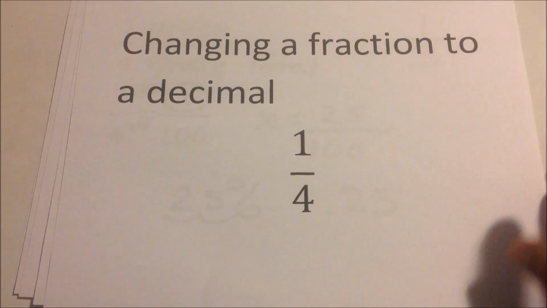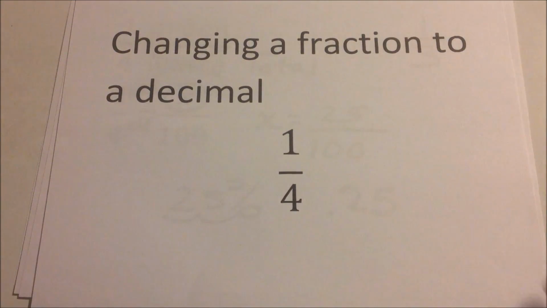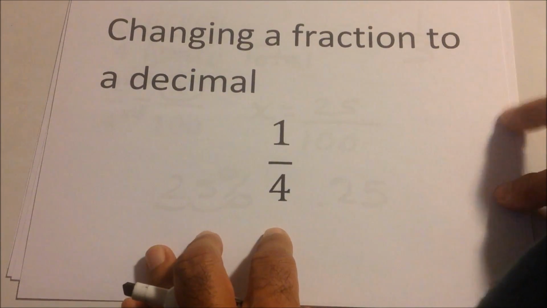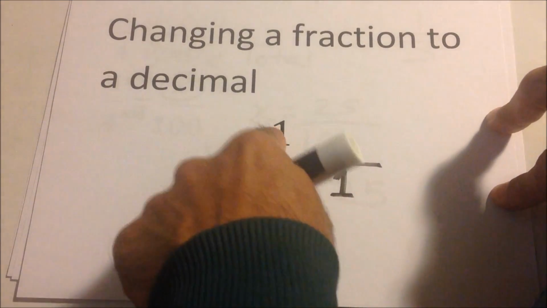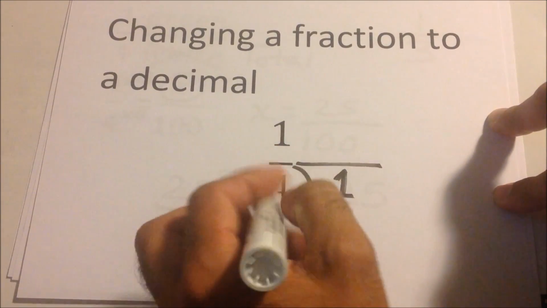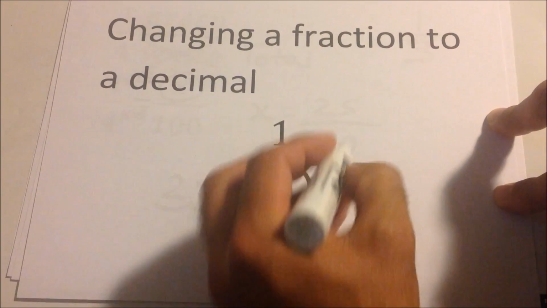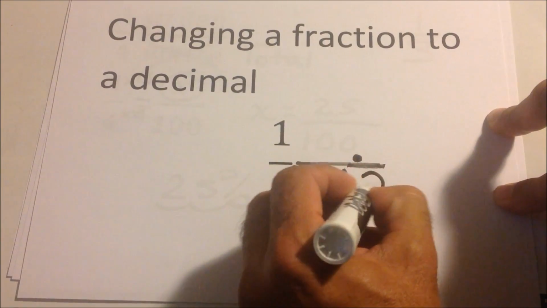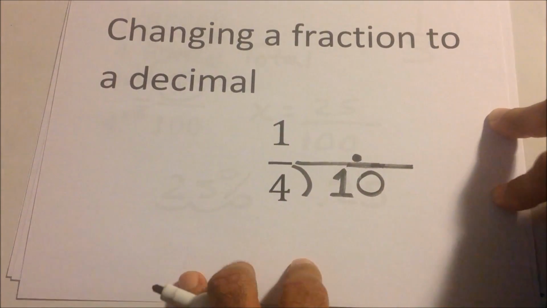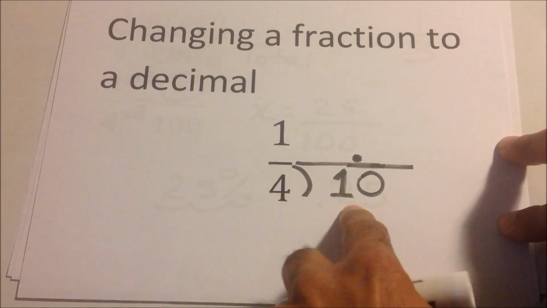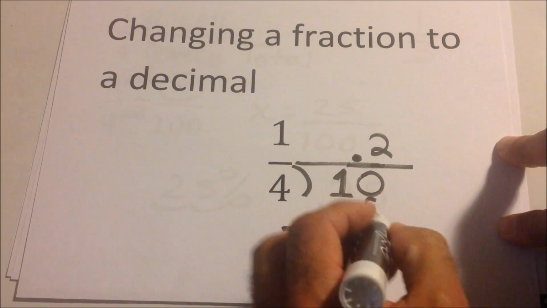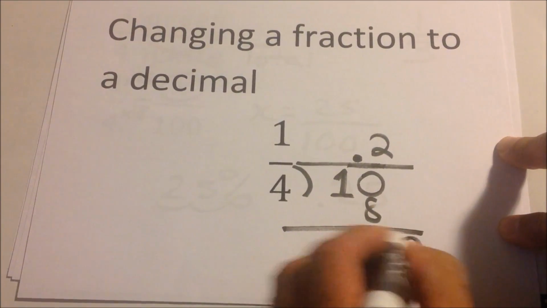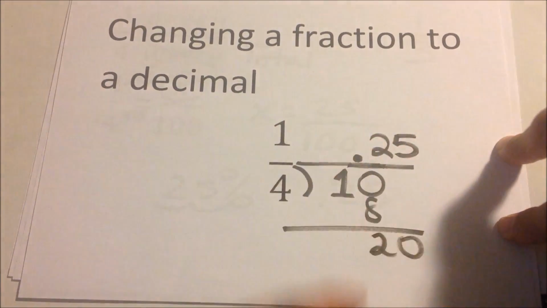We can change the fraction right away to a decimal. That's another way of doing it. So here we have our fraction, 1/4. And we kick that 1 into the box. The top number is always in the box. And we just divide. So 4 doesn't go into 1, so we put the decimal, the 0. We extend it. Remember, dot 0, extend. So 4 goes into 20 five times, we get 0.25.